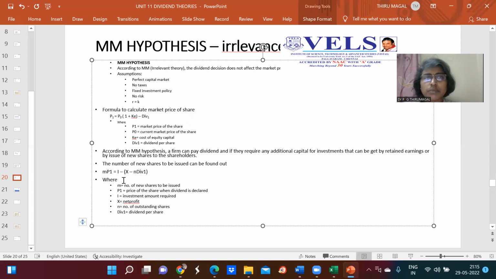X is the current net profit of the company. n is the current number of outstanding equity shares. D1 is the dividend per share. This is the formula used to find the share price as per the MM hypothesis, and this formula is used to find the number of new shares.